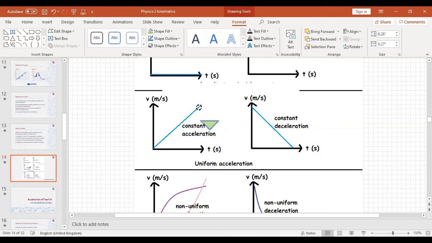The same case with constant deceleration: the gradient, the slope, remains the same at any given point, which means that the acceleration is constant throughout the journey.